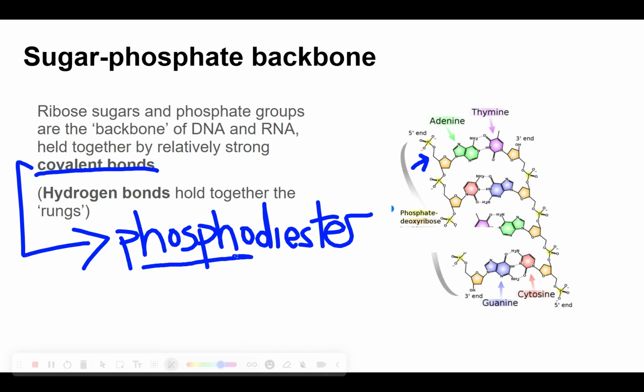So phospho means that it is close to the phosphate group. Here is the phosphate group. Di means that there are 2 of them. So you'll notice the phosphate group is bonded to this nucleotide.